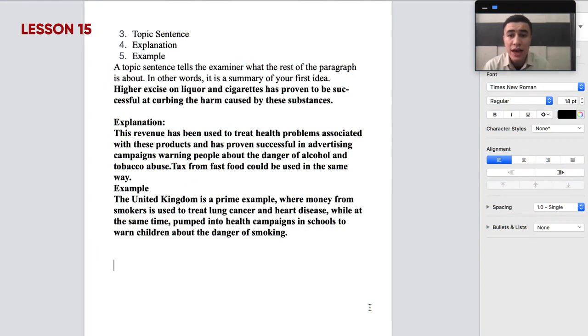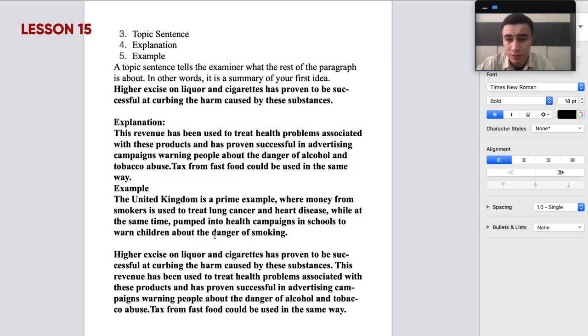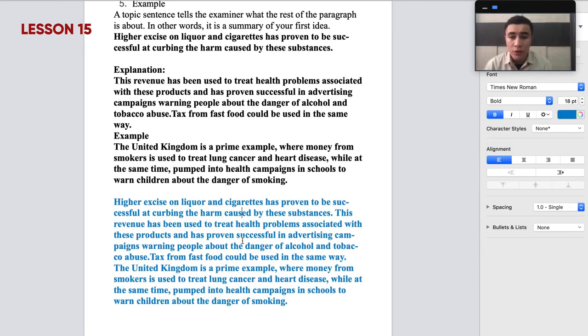As you can see, we have 4 sentences only, and your first supporting paragraph is going to look something like this. Let me simply copy and paste it. So we have how many words? 99 words, guys.